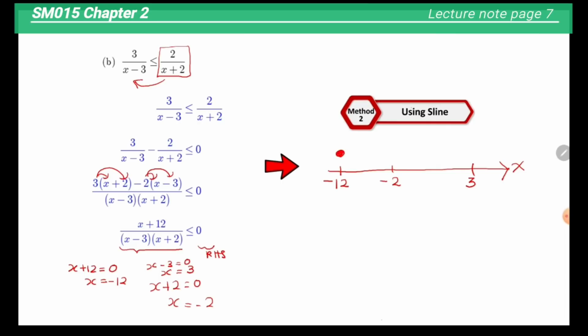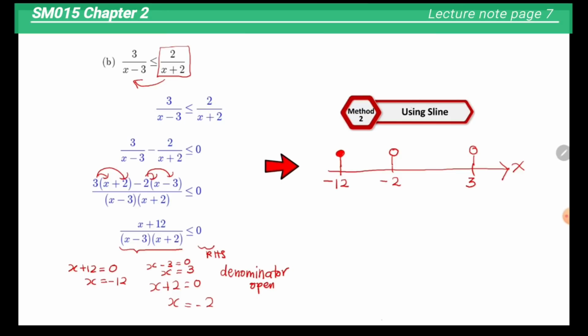So we draw a closed dot here. And for the denominator, we have x = 3 and x = -2. Please remember that the denominator will always be open. So it will be open for x = -2 and open for 3. We use the sign of an empty dot for the open interval.